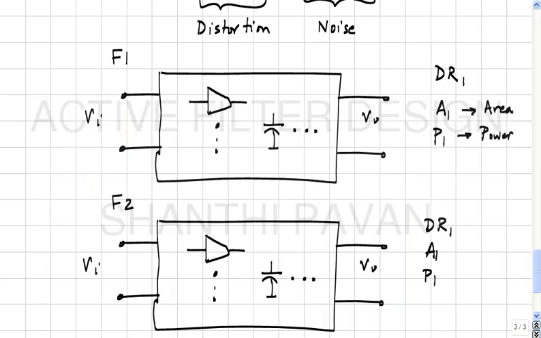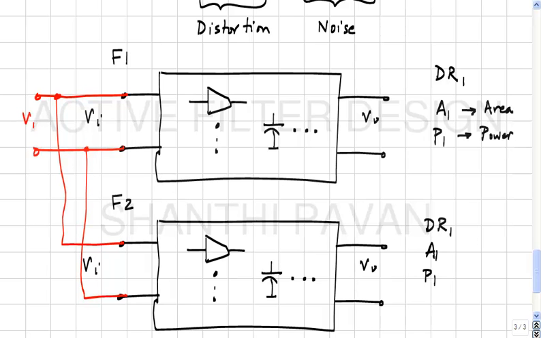So, in other words, I join these two filters to make a composite filter. Okay. All right. In other words, both these filters are excited with the same input voltage.